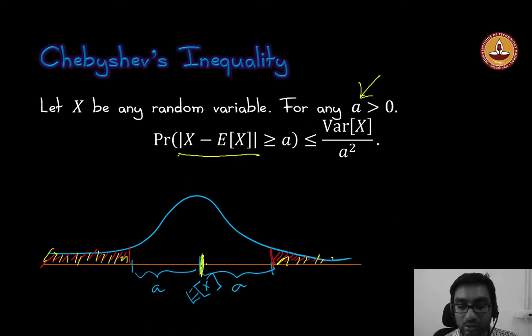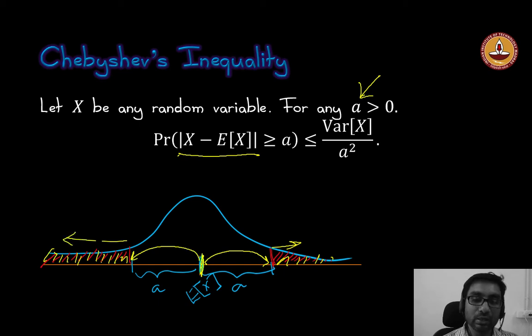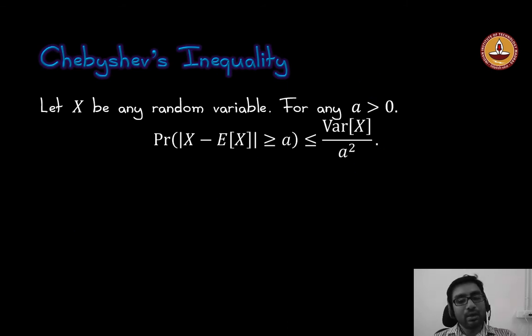So it has to be greater than a, or, because we consider the absolute value, x minus e of x has to be less than negative a. These are the two things that we care about, and that's why the areas under these shaded portions are what we care about. And that tail is bounded by the variance of the random variable x divided by a squared. So this is Chebyshev's inequality.